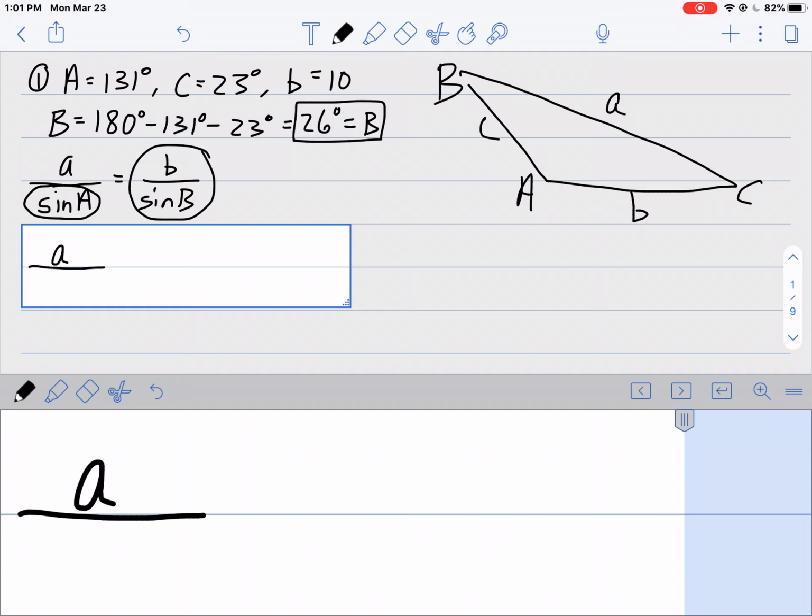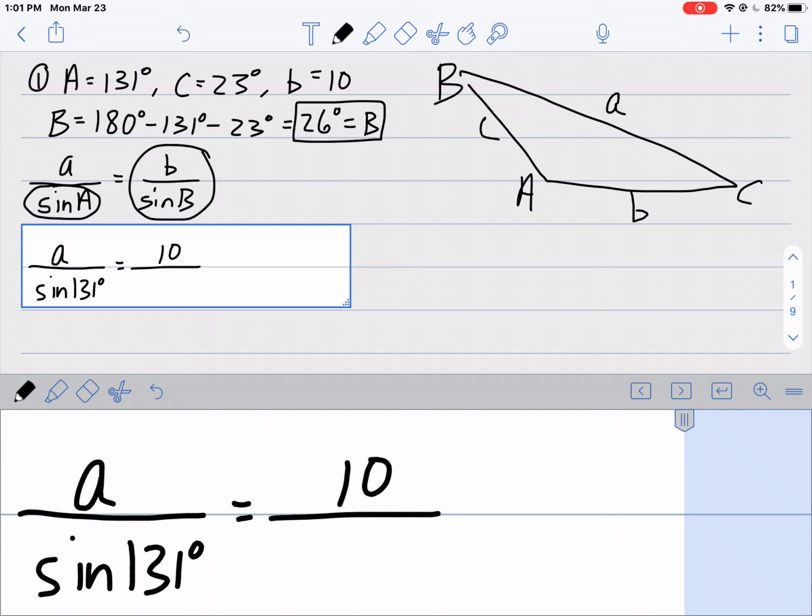I know angle A, so I have this ratio of A over the sine of 131 degrees being equal to B, which is 10, over the sine of angle B, which we found to be 26 degrees. And then once you plug that information in, now you've just got this proportion to solve. You've got an equation.